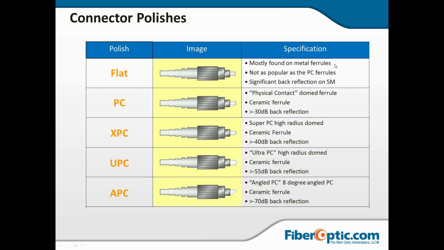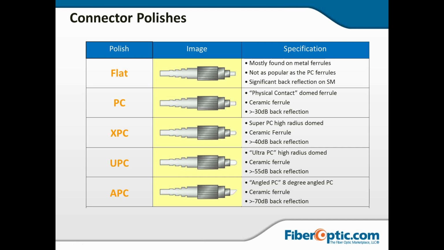Here we've got that high radius arc for the doming. Here we've got a much smaller radius, and the whole end is domed over. That dropped back reflections down into the -55 range, which is pretty small reflection. It's a little blip on an OTDR trace.